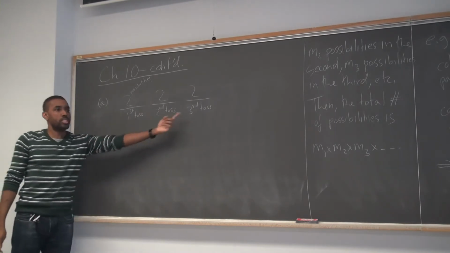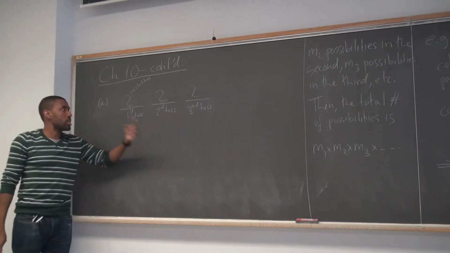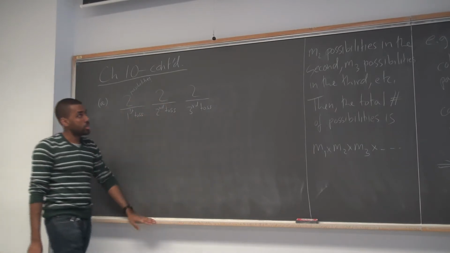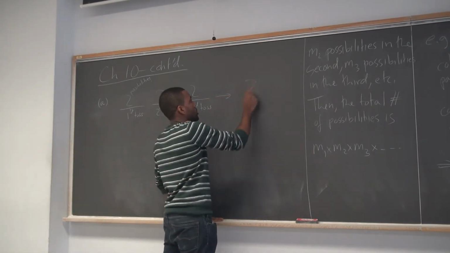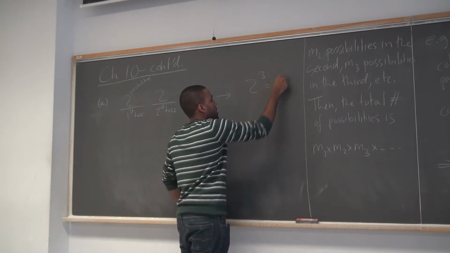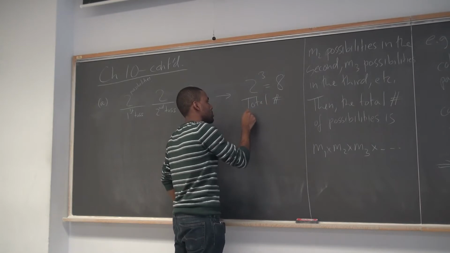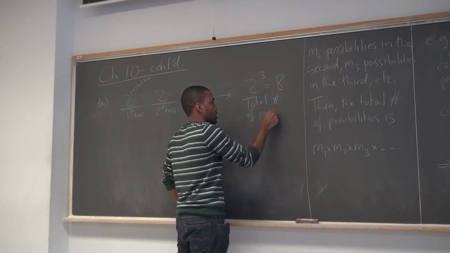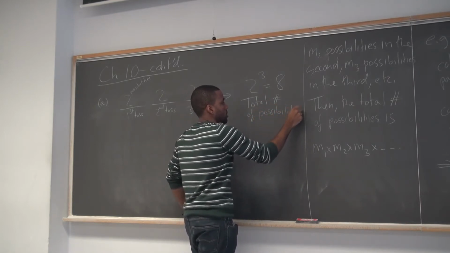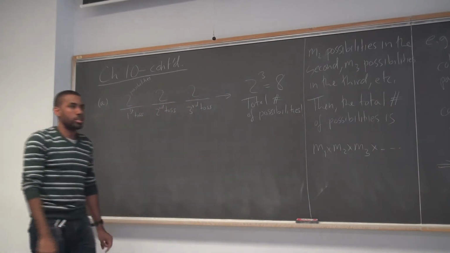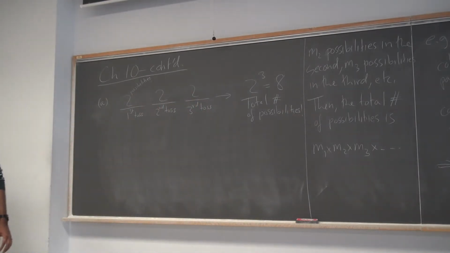So you have 3 stages, because you're making the toss 3 times, but there are 2 possibilities for each stage. This means 2 times 2 times 2, 2 cubed, equals 8, the total number of possibilities. There are 8 possibilities for how this can turn out.